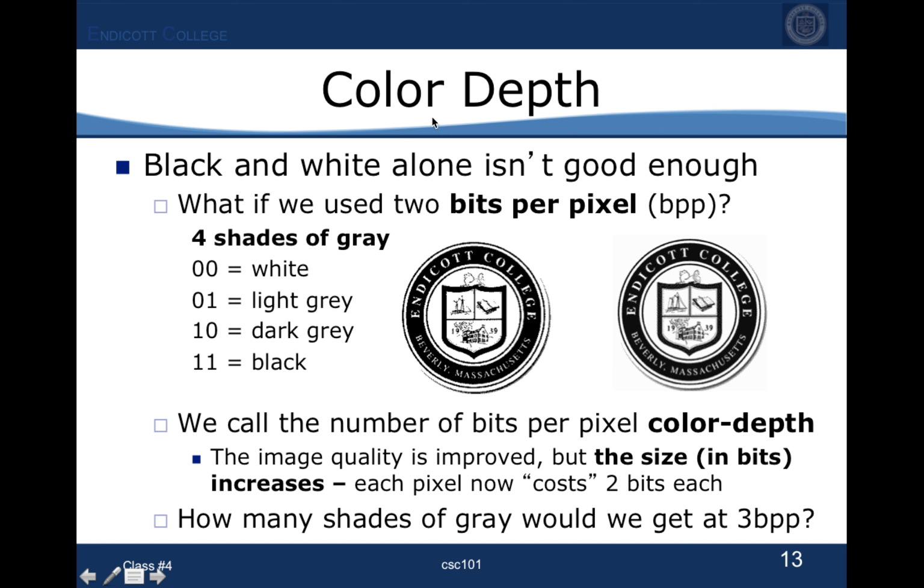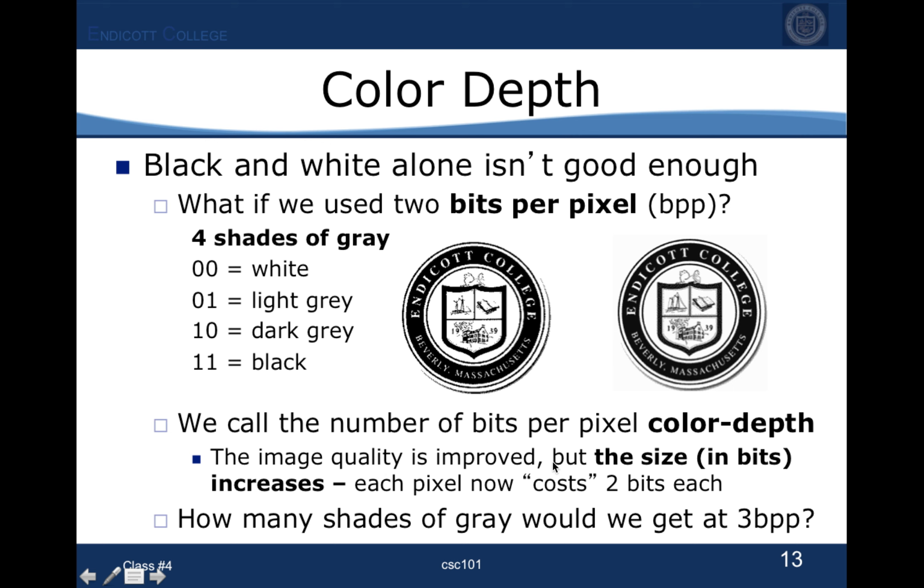So this is what's known as color depth. And again, this is the other main component in visual quality. We have resolution that we talked about, and here's color depth. Color depth can be used in a couple of different ways, but it refers to how many colors you can recognize, or you could say it's how many bits per pixel, how many bits you're going to use to make your codes for your color palette.